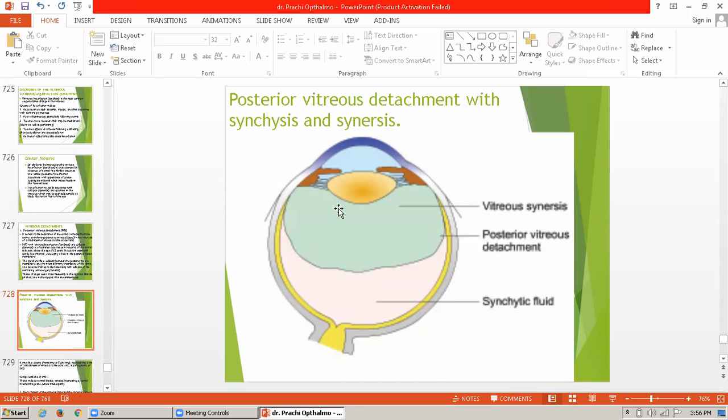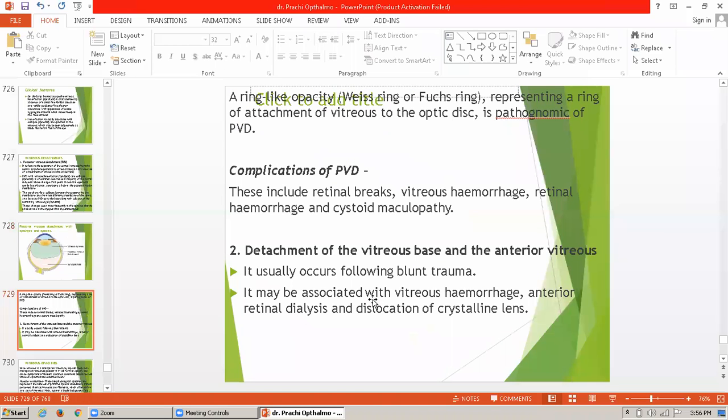In that, this is vitreous syneresis, this is posterior vitreous detachment, this is synchytic fluid, and its complications, and the detachment of the vitreous base and the anterior vitreous, that is the second point.